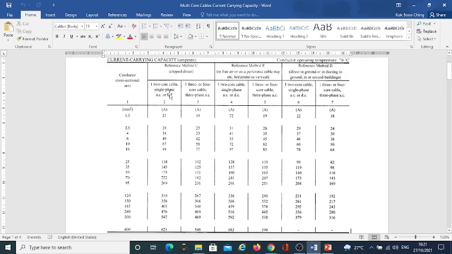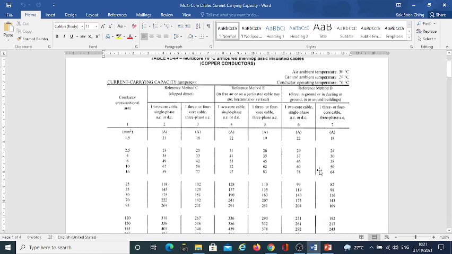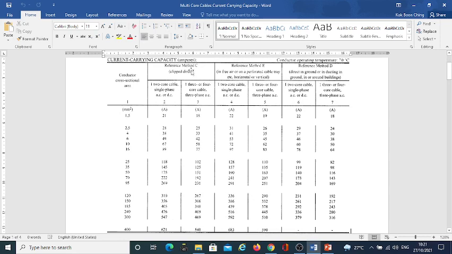I will explain a little bit on how you read these tables. You have 3 columns.